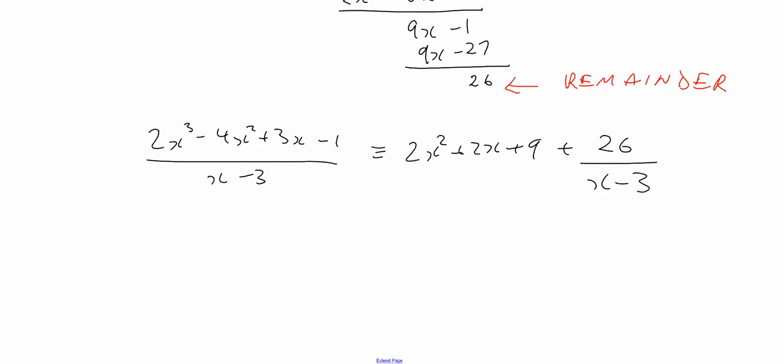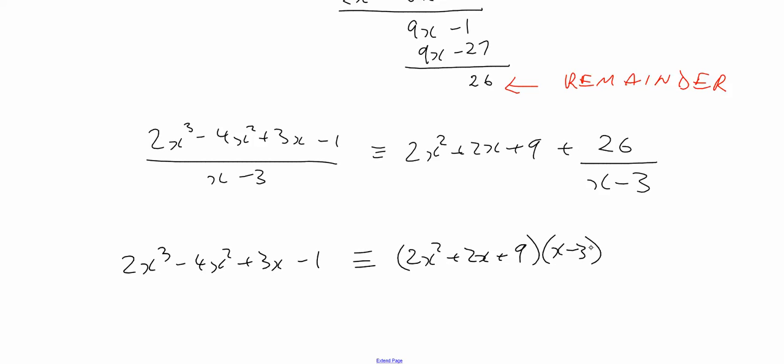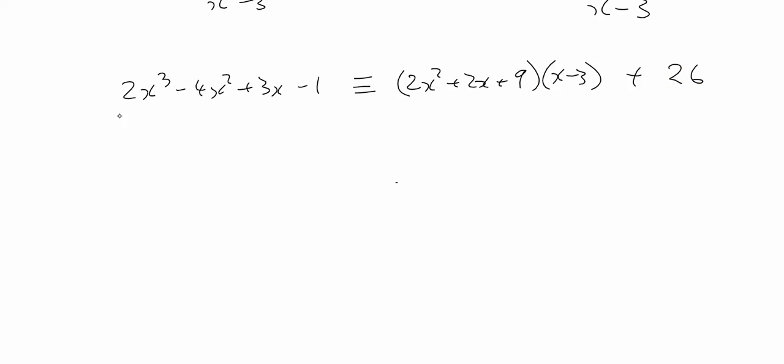Now we could multiply both sides of this identity by x minus 3, in which case we get 2x cubed minus 4x squared plus 3x minus 1 is the same as 2x squared plus 2x plus 9 times x minus 3, and then multiplying 26 over x minus 3 by x minus 3 just leaves us 26. Let's call this polynomial f of x.